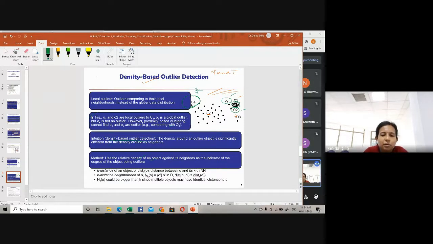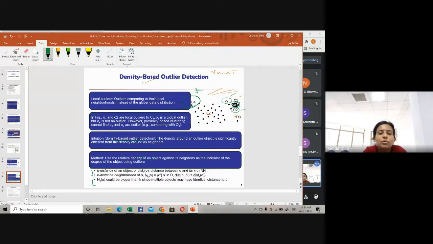You can see here the k-distance of an object and the k-distance neighborhood of an object, given a set of objects or a data set D.